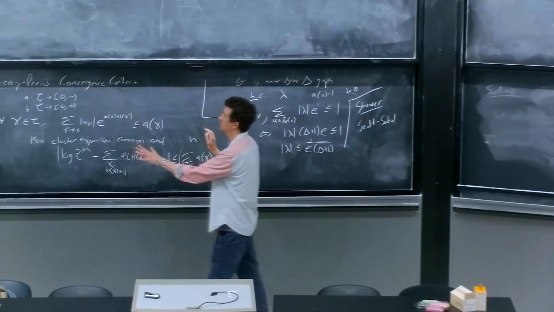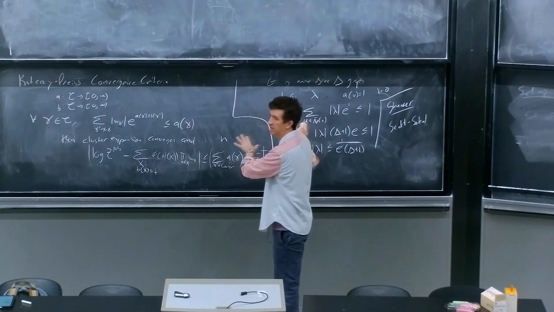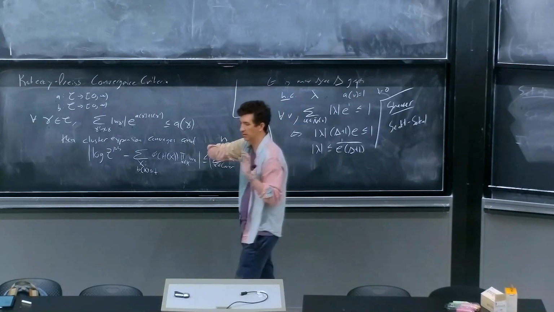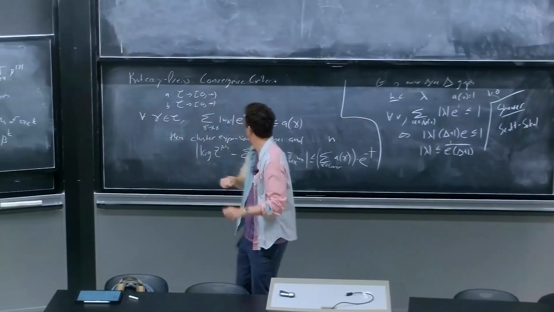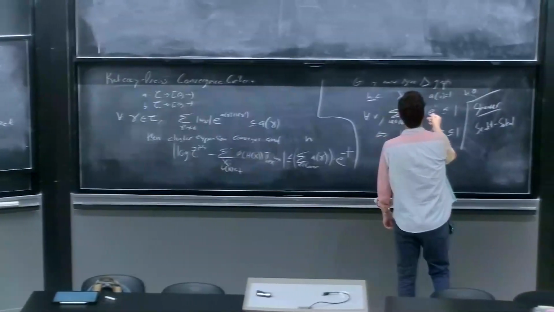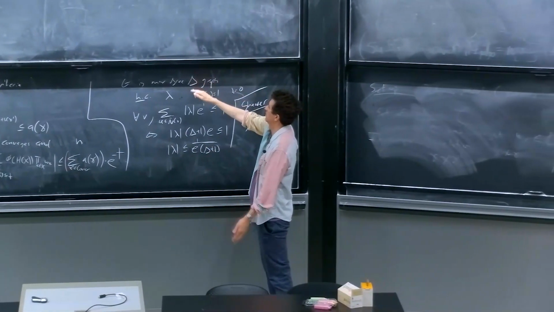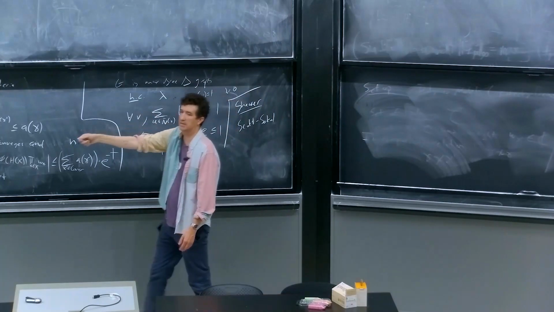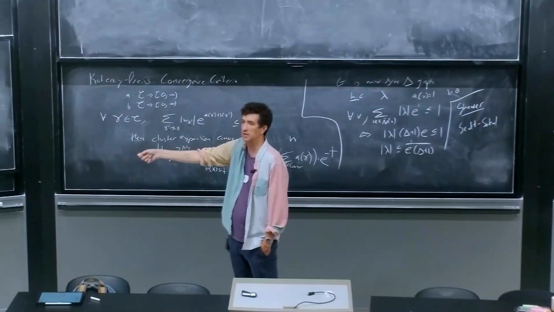Okay, so these are two examples, and let me just say, once you have convergence in any of these settings, remember, go back to the start of the first lecture where we talked about moment-generating functions and characteristic functions. Now, if this condition holds and you have a sequence of max degree delta graphs, you can prove that the size of the independent set satisfies a central limit theorem, a local central limit theorem.